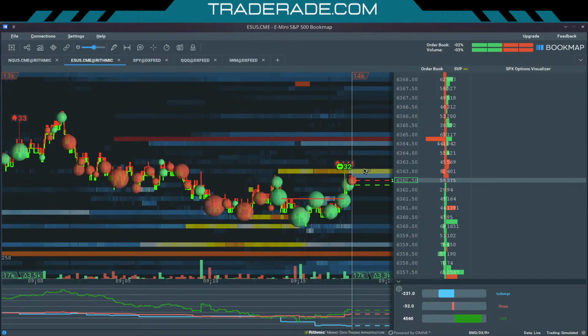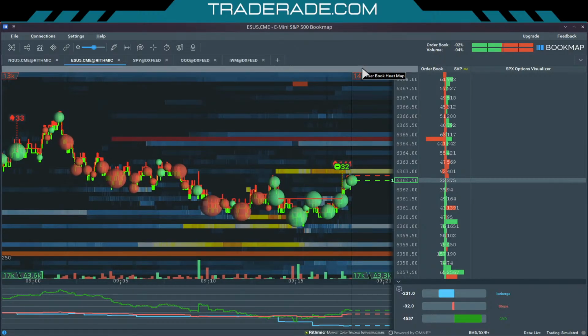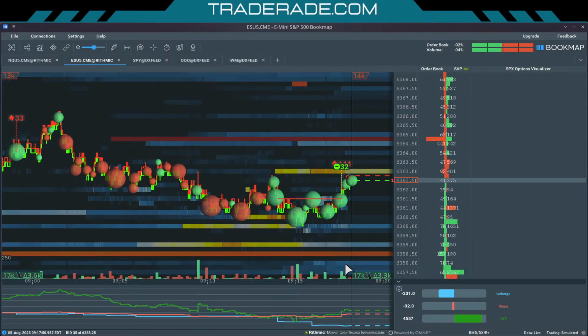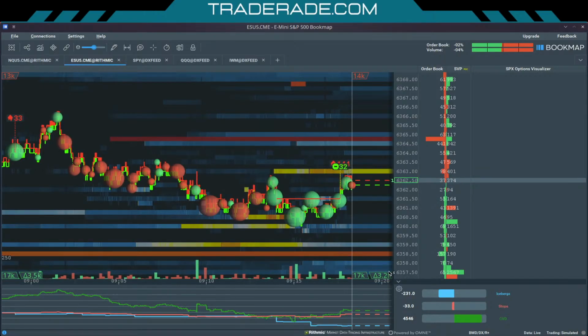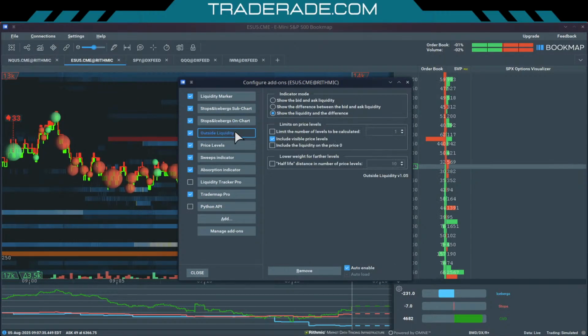Another thing you'll notice is you have these labels on the top and bottom right. 14,000 on top. This is the number of cumulative offers on screen and off, and 17,000 on the bottom. That's the number of cumulative bids on screen and off, with a difference of 3.2 thousand. This is another add-on. It's called Outside Liquidity, and this is how I configure it.